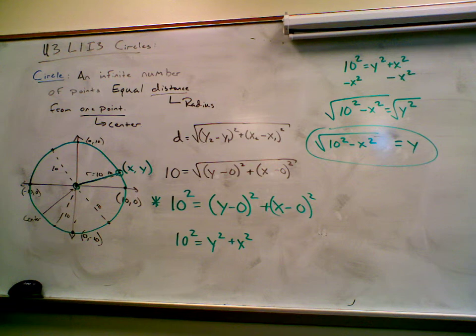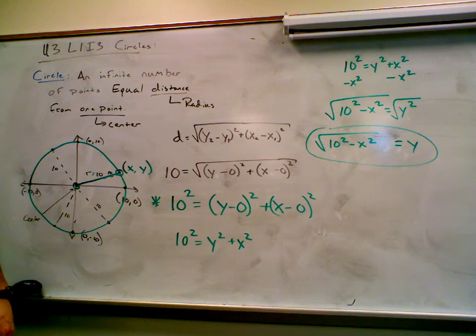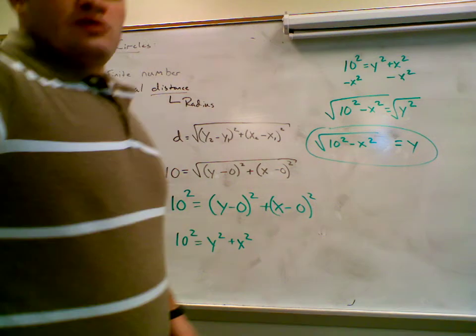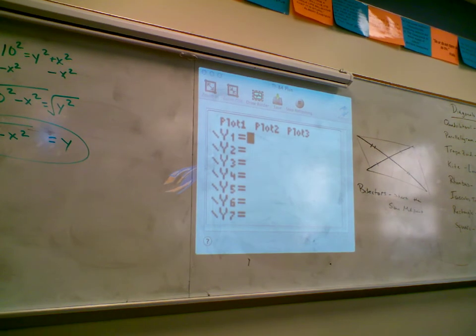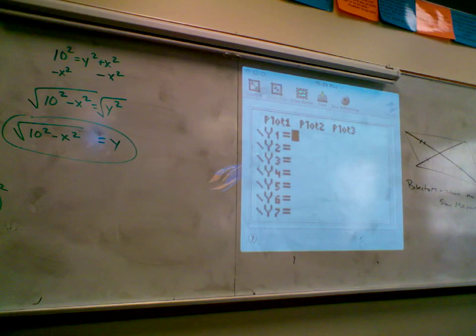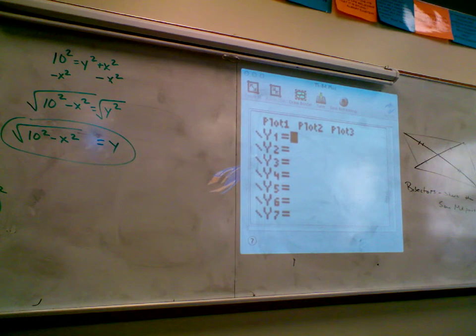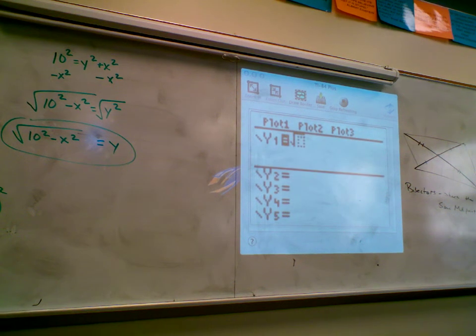Go to y equals. And I'm going to type in our equation, which was the square root of 10 minus x squared. So second, square root, 10 minus x squared, like that.